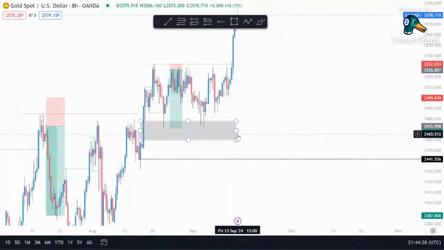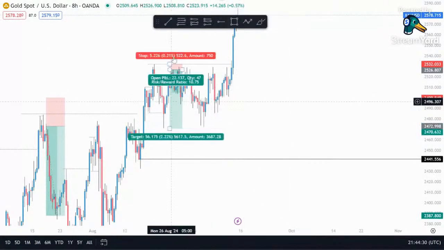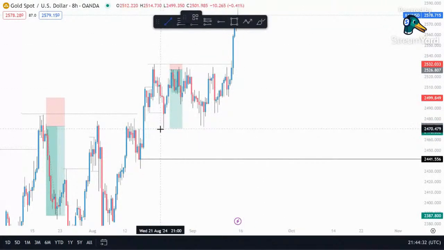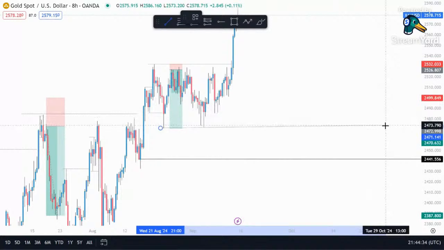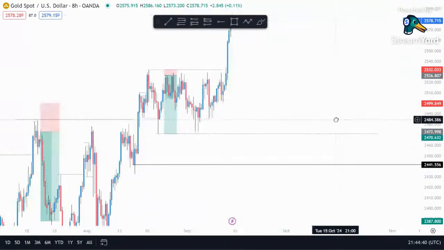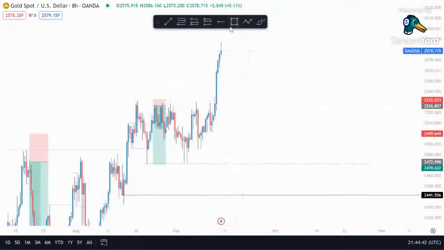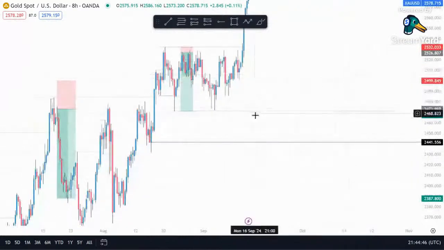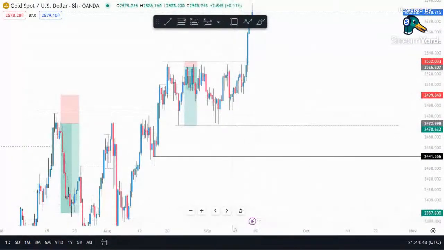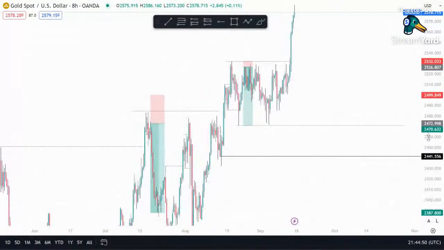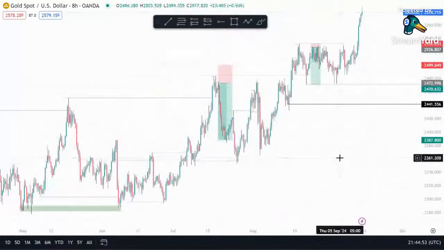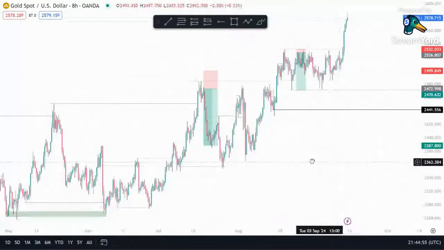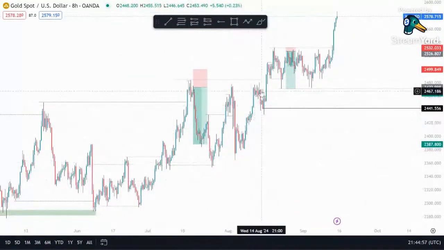For gold, we are expecting a retracement now, and I'm seeing that definitely these lows will be taken out as inducement. There are a lot of buyers here, so price will definitely come and sweep them, then continue the buy again. So we are still bullish on gold, still clearly bullish.